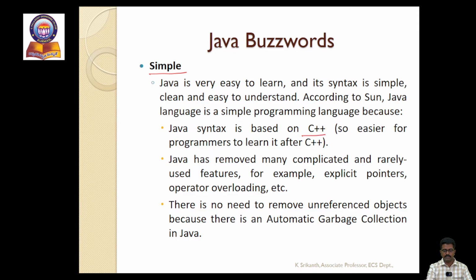Most of the syntax is copied from C or C++. So even if you know C language, it is easier to learn Java language. And Java has removed many complicated topics like pointers and operator overloading, which are part of C and C++.